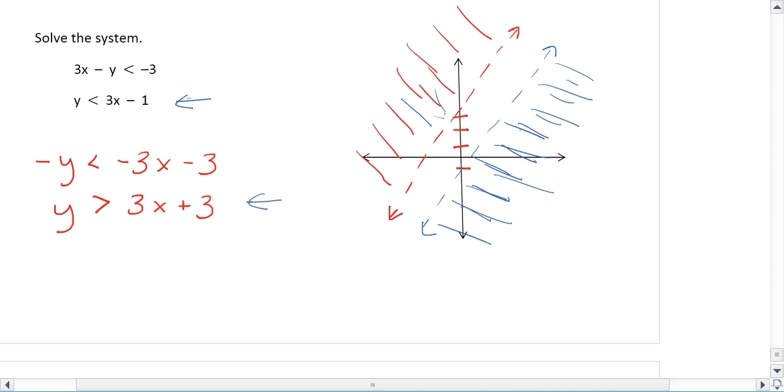So we suspect these look parallel, so let's come over and check their slopes. This one has a slope of 3, and so does this one. So since we've confirmed they are parallel lines, they are never going to cross and then have a shaded area that they share. And so this is no solution.